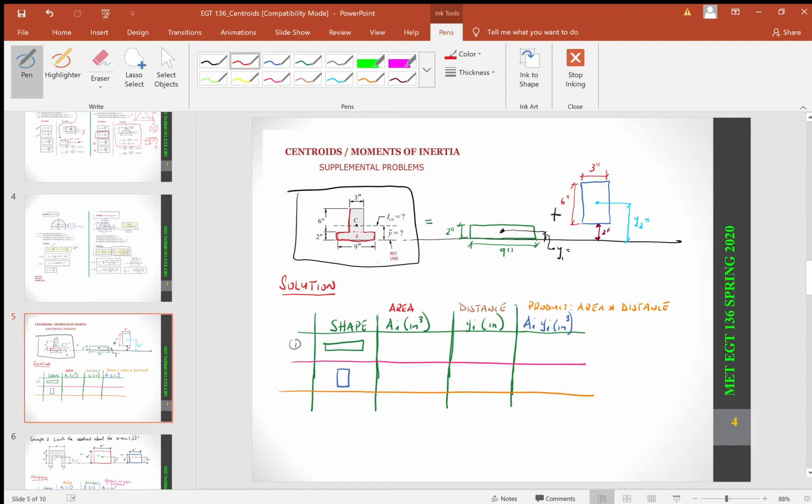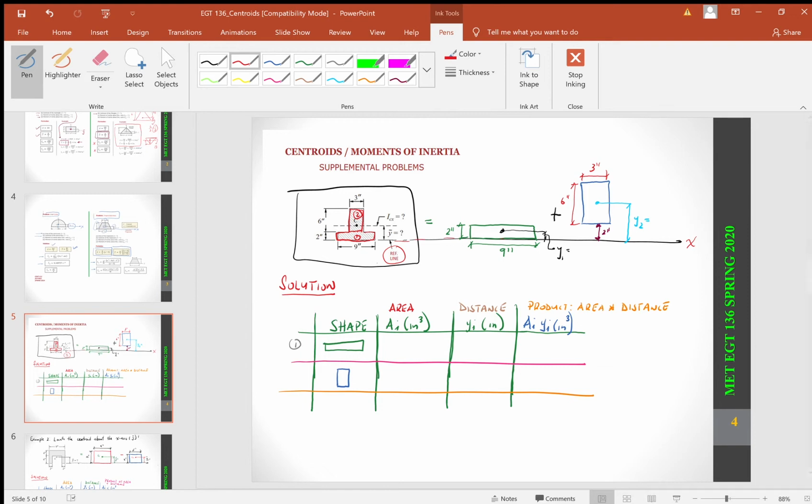This could be rectangle 1, and this could be rectangle 2. This is your reference line, which is your x-axis, as I've drawn all the way through here. They've given us the dimensions for this particular composite. We call this a composite because it consists of 2 or more geometric shapes, and they're uniform, homogeneous.